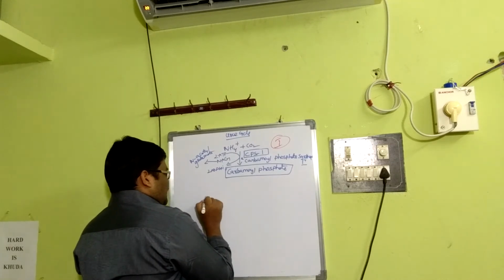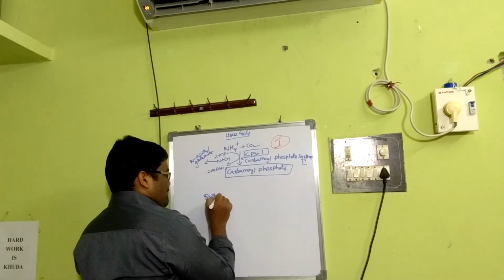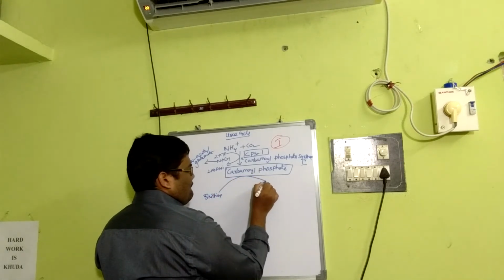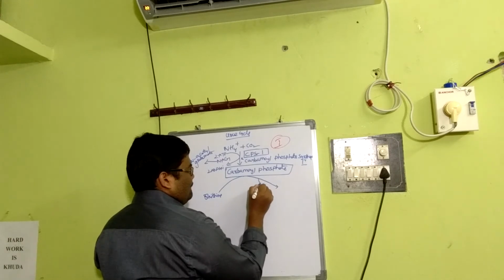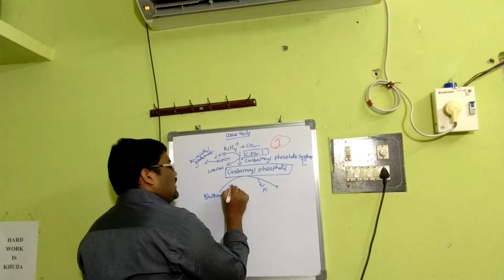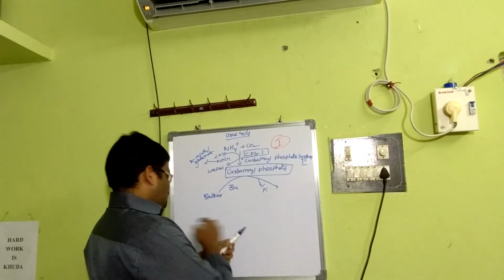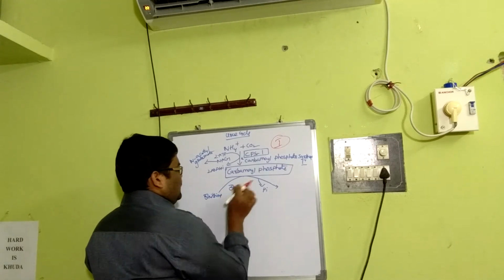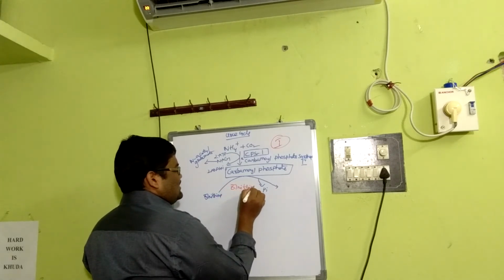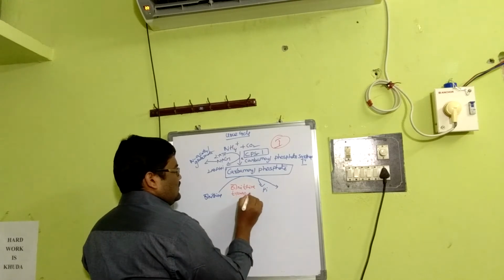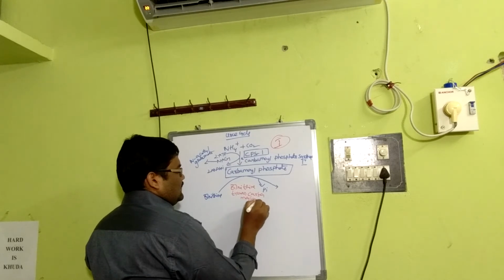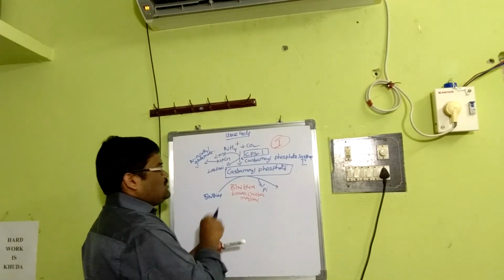It combines with ornithine, catalyzed by the enzyme ornithine transcarbamylase, leading to citrulline.